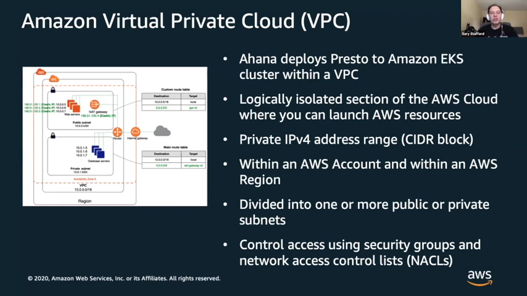Oftentimes customers will have multiple accounts, and companies will deploy resources to multiple regions depending on where their customers are, or where they need to maintain data locality and govern where data is housed. So you have the ability to deploy the Ahana Cloud solution to the region that you want, and oftentimes to the region where your data is.